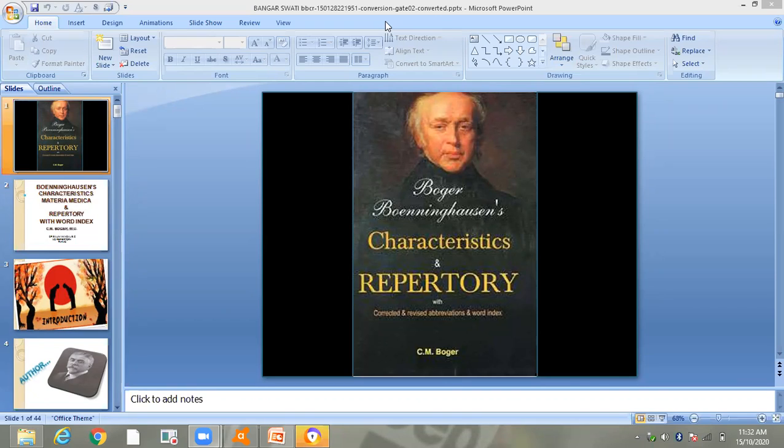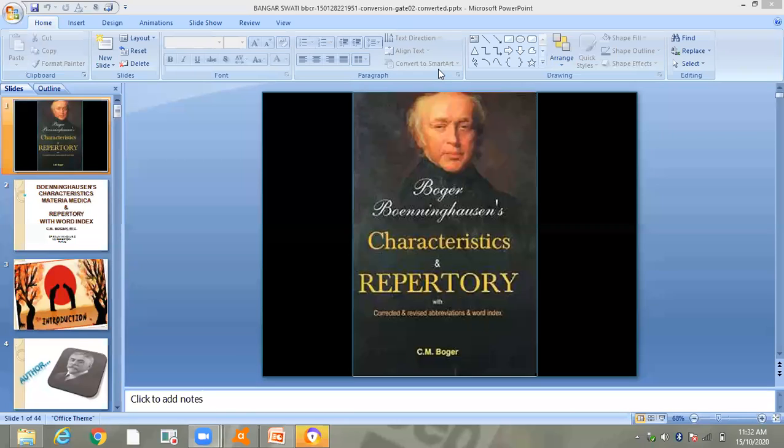In this way, under sensation and complaints in general, these are a few examples of rubrics which have a single or a few remedies given.